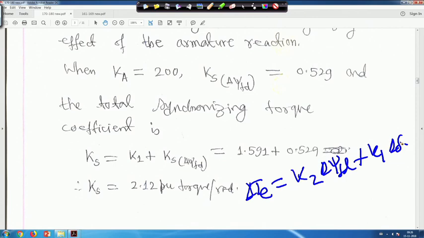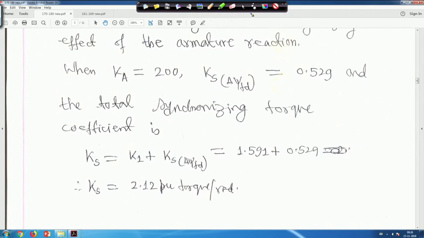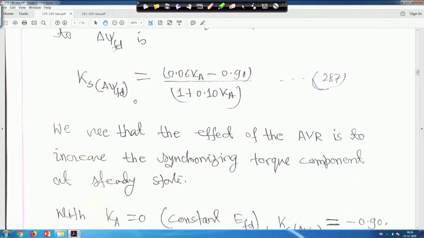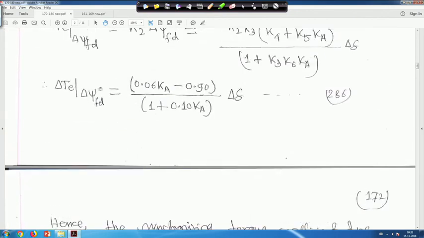In this, one component is due to K2 delta psi fd, and this one we are representing by this component, the delta T component due to this function.